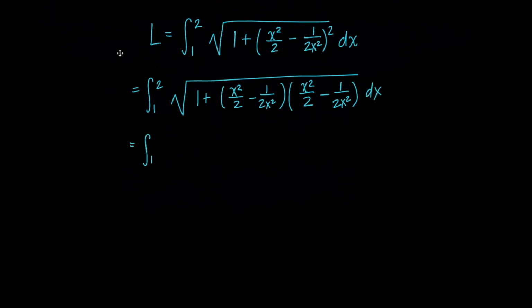And now we're going to distribute things out. So I'm going to have 1 plus, if I multiply x squared over 2 times x squared over 2, that's x to the fourth over 4.